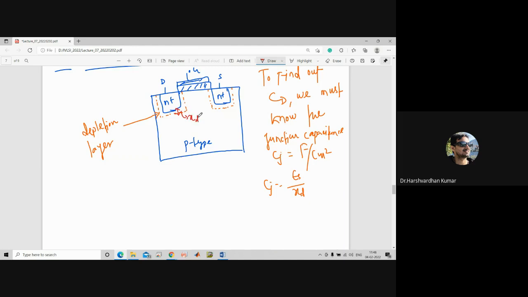If you know the material properties, that is the relative permittivity of the semiconductor material, epsilon_s, then you can simply calculate the junction capacitance in farad per centimeter square.